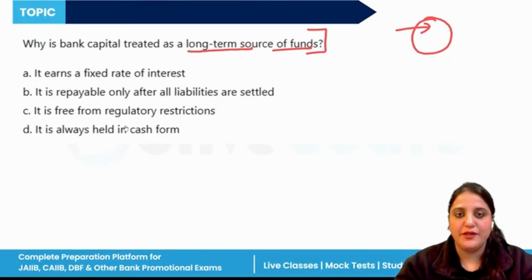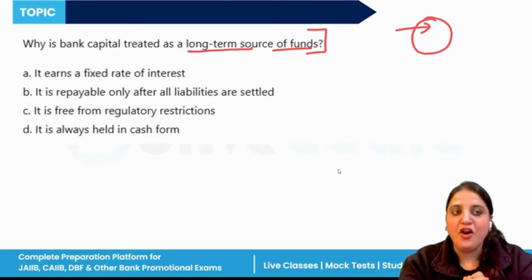What is the answer according to you? Simple. The correct answer is here.